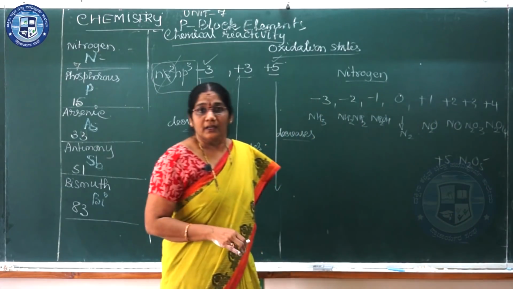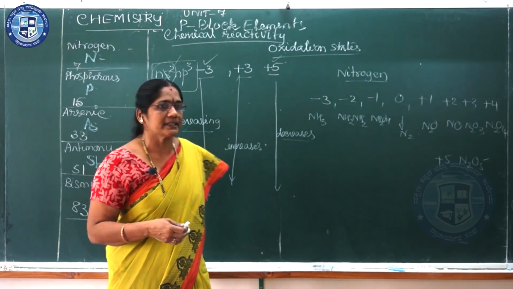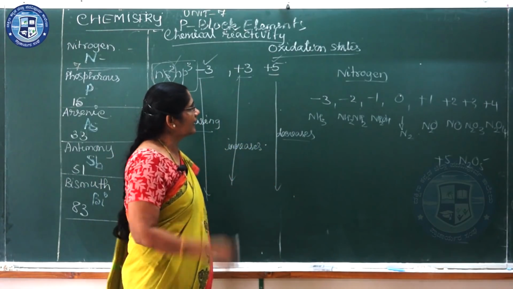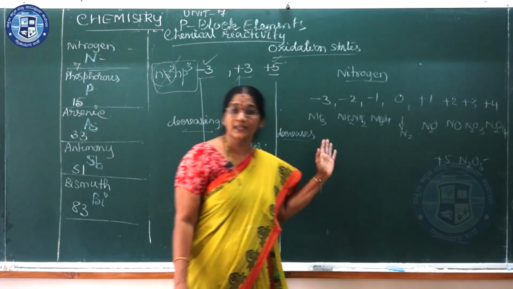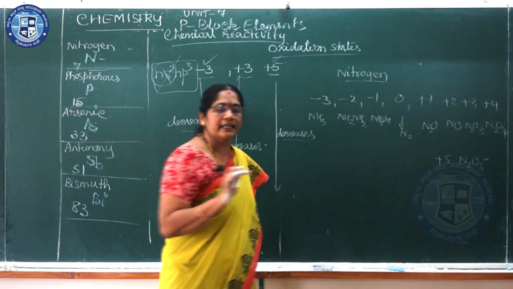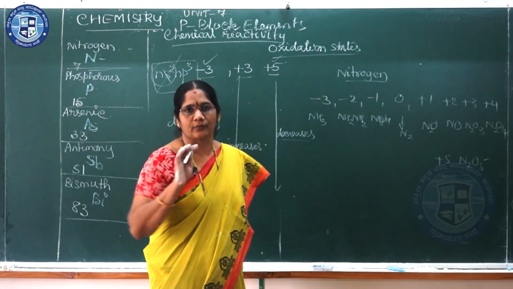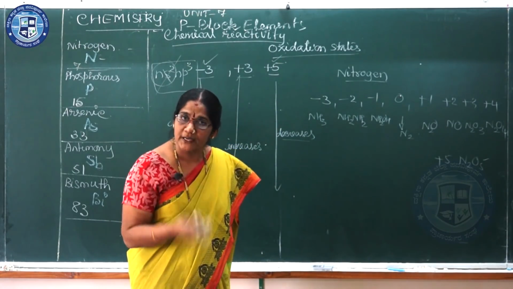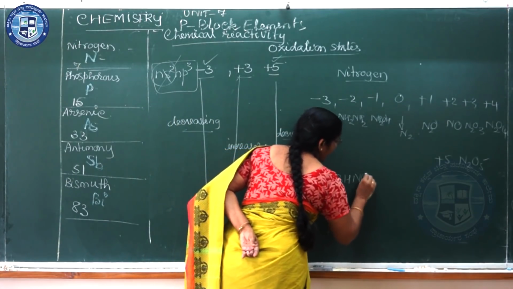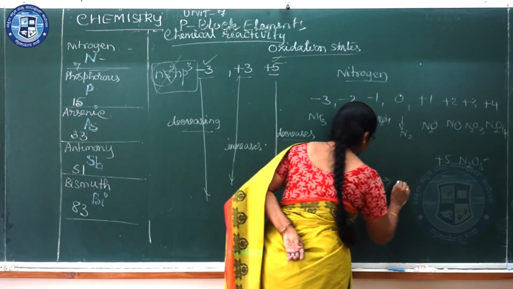So normally it exhibits positive oxidation states with highly electronegative elements like oxygen, fluorine, etc. Nitrogen shows various oxidation states, and all the intermediate oxidation states of nitrogen from +1 to +4 disproportionate in acid solutions.